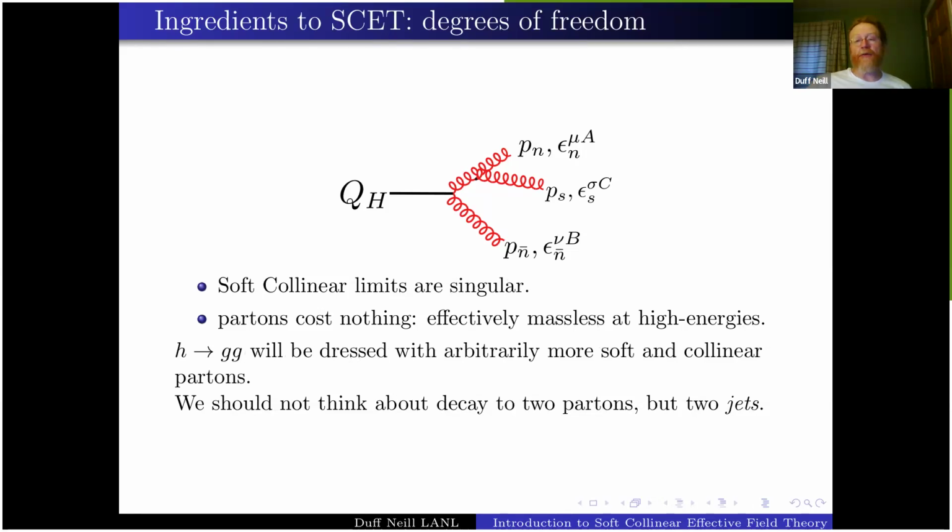And so if I wanted to go and, say, calculate a cross-section to hand to my experimentalist friend, it's not going to suffice for me to just calculate for them that Born level process that I showed earlier, but rather what they're going to be interested in is how Higgs is going to decay into any possible 2-jet configuration.